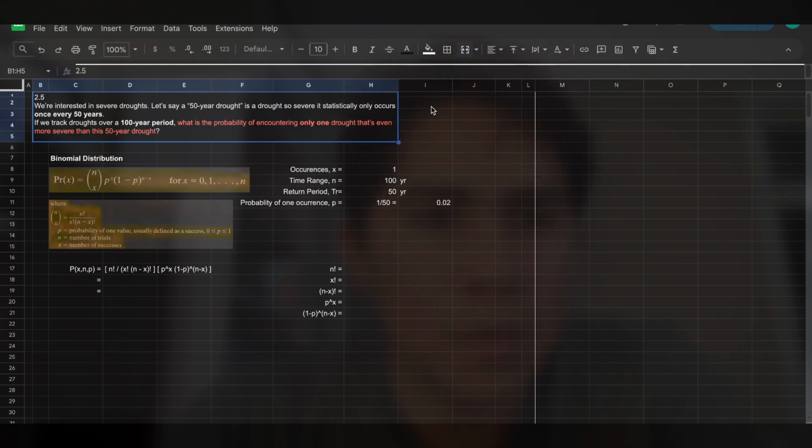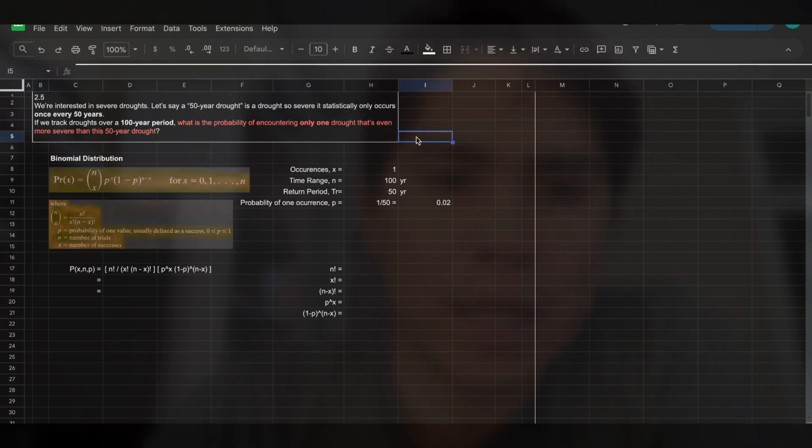Let's say a 50-year drought is a drought so severe it statistically only occurs once every 50 years. If we track droughts over a 100-year period, what is the probability of encountering only one drought that's even more severe than this 50-year drought?